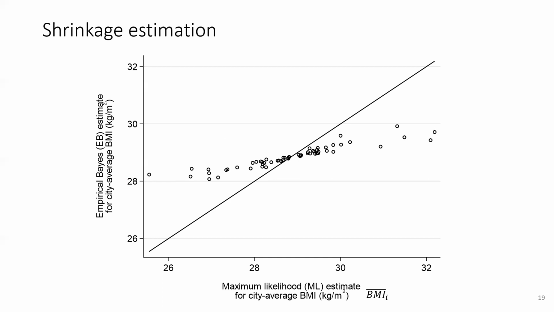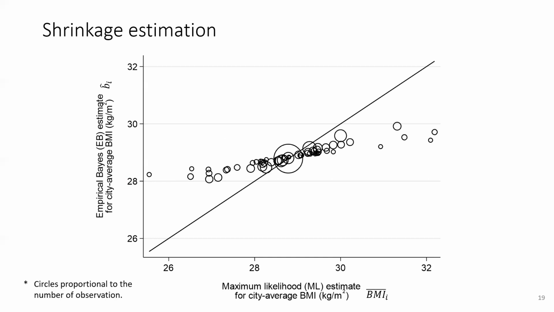And this is the same plot, but I use circles. A big circle means a city with a larger sample size, and a small circle means a city with a small sample size. And as you can see, for example, here, these larger circles are close to this identity line. And again, here, larger circles are close to the identity line.